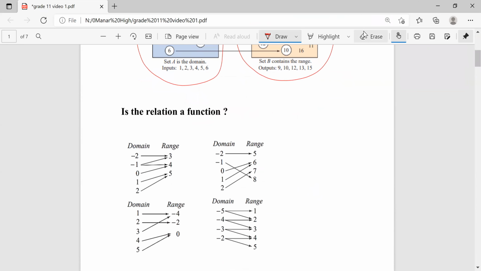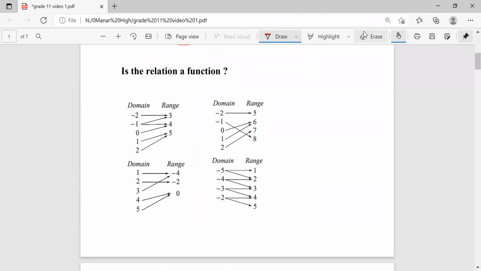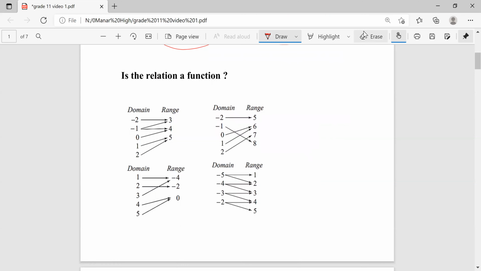Let's take an example. Here the relation is written as a mapping between the domain and range. Let's see if the relation is a function or not. Example 1. Here, focus your eyes on the domain. -2, 1 arrow. -1, 2 arrows.